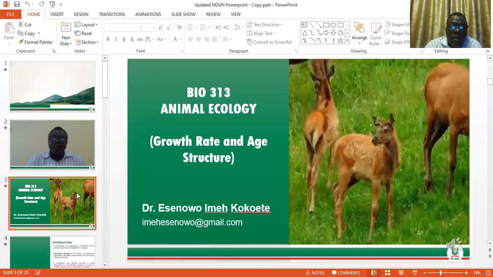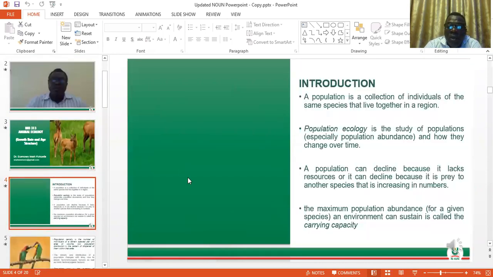The next was the growth, age, and structure, which was topic 3. We did topic 3, and talk about what population is. It's the collection of individuals of the same species that live together in a region. And also the study of population, the abundance, and how this changes over time.